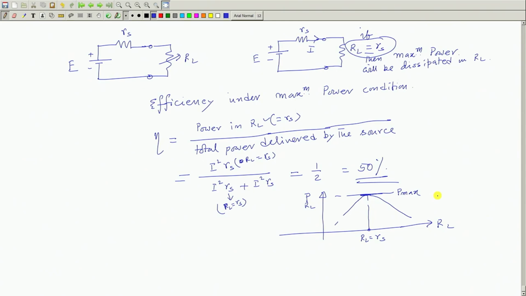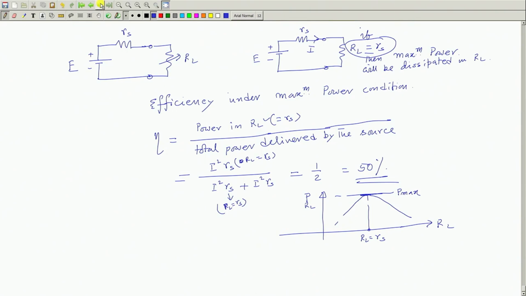Okay. Output impedance of the source should be same as the load speaker impedance, so that maximum power, loudness is important there. Sacrifice efficiency at that low level, how does it matter? Anyway, this is the maximum power transfer theorem in DC circuit.